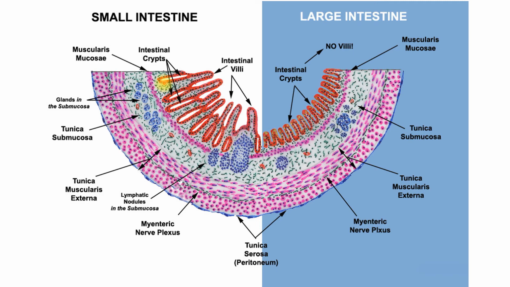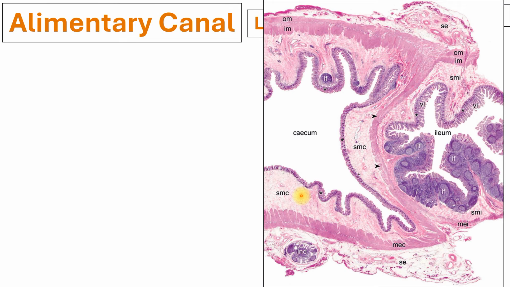But all the other layers are still basically the same. So here you can see your ileum, the last segment of your small intestine, which contains your villi. And here are the crypts or the intestinal glands, which are the only ones remaining in your cecum, the first segment of your large intestine.